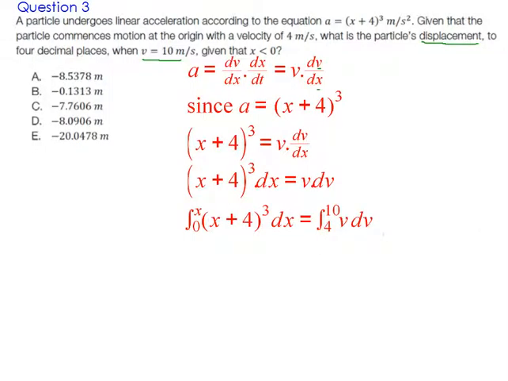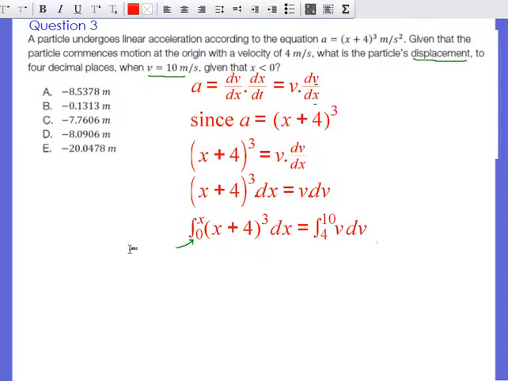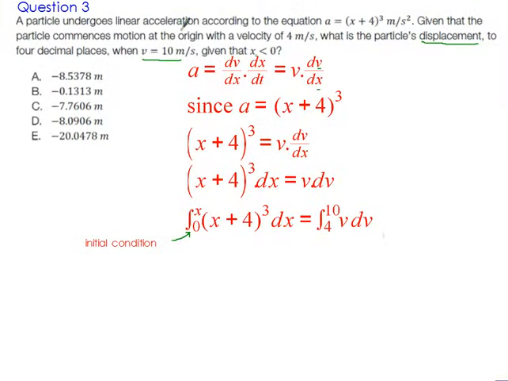So the way we do it is the lower limit here, that's where we put our initial conditions in. We put the initial condition for x and for the corresponding v value. So we know initially the value for displacement is 0 because it is motion commencing from the origin.